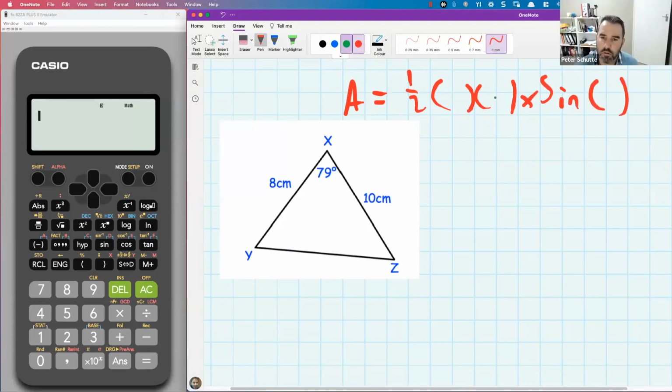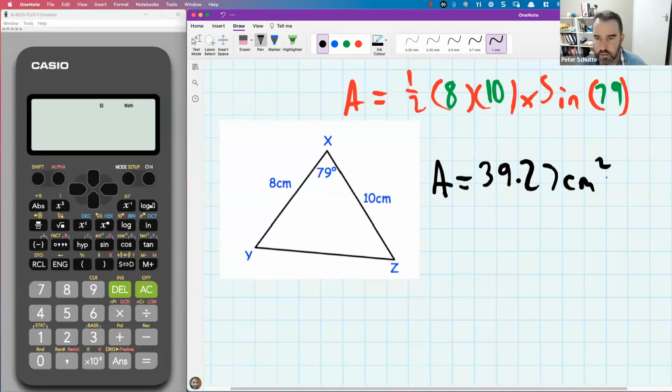So it's 8, 10. What are we getting for our answer for the area of this one? Yeah, we should be getting 39.27 centimeters squared.